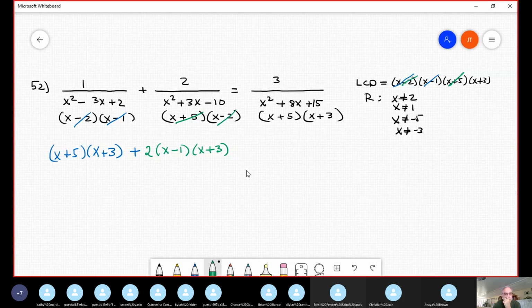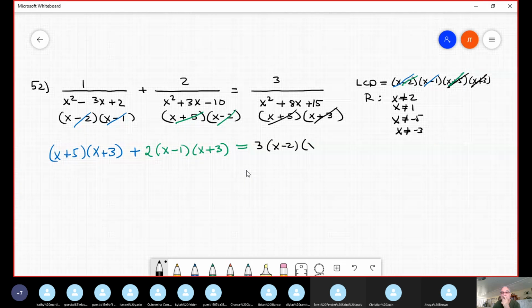These two multiply, either way, the order of the multiplication doesn't matter. Equal, let me use another color, maybe black, 3 times. So you cancel out x plus 5 and x plus 3, and only x minus 2 and x minus 1 stay alive.